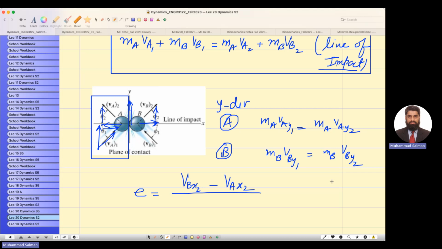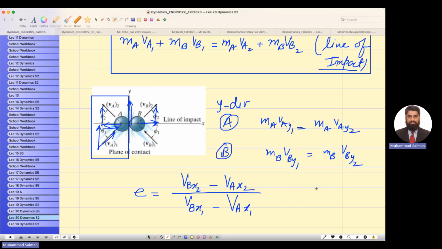In the numerator, you will only use the final velocity differences. And in the denominator, you will use the initial velocity differences along the line of impact. Don't worry about the perpendicular to the line. That's how you will consider VBx1 minus VAx1. Sorry about this, this is VA x1.